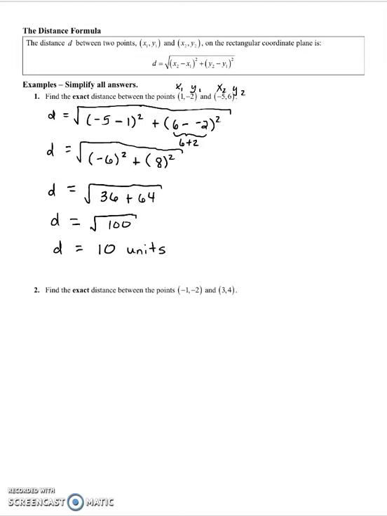Okay, let's find another one. So we have the point (-1, -2), and the point (3, 4). So again, we'll label these x1, y1, and x2, y2.